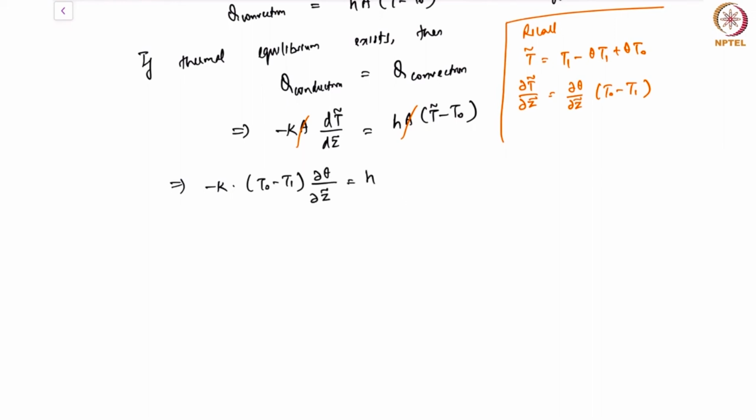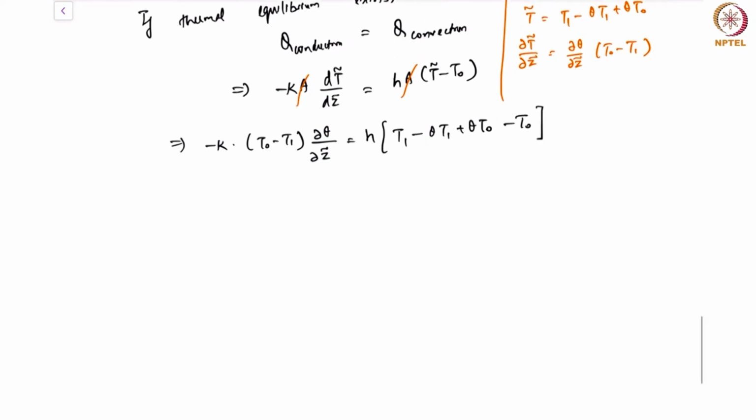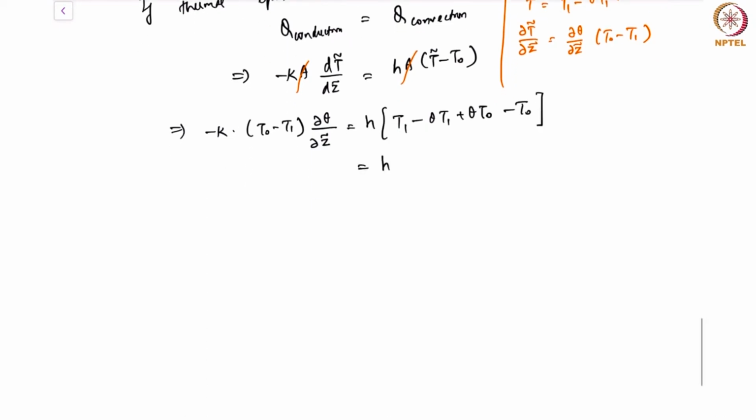This will be equal to h of T tilde, that is T1 minus theta T1 plus theta T naught, minus T naught. And the right hand side essentially becomes T1 minus T naught minus theta times (T1 minus T naught), that is h times (T1 minus T naught) into (1 minus theta).